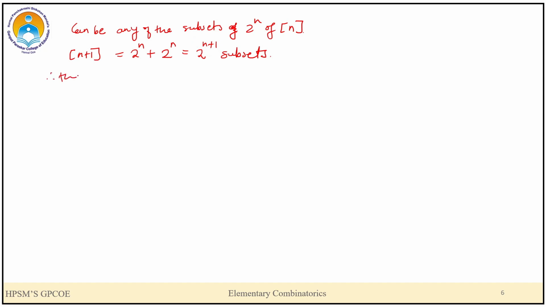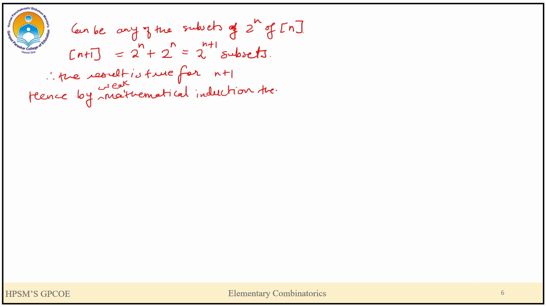So therefore the result is true for n plus 1, and hence by the weak mathematical induction principle, the result is true for all positive integers.